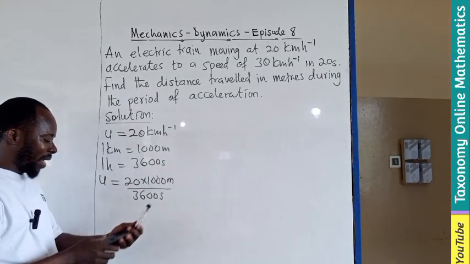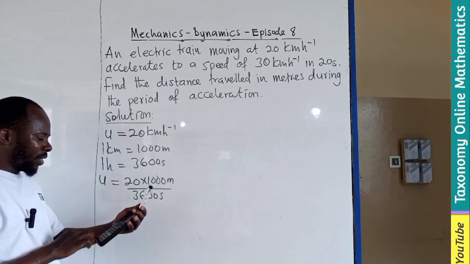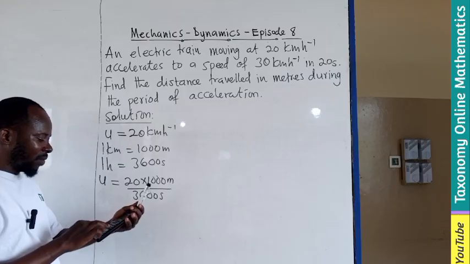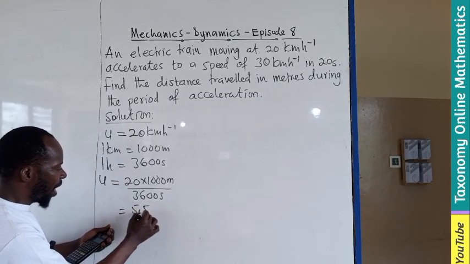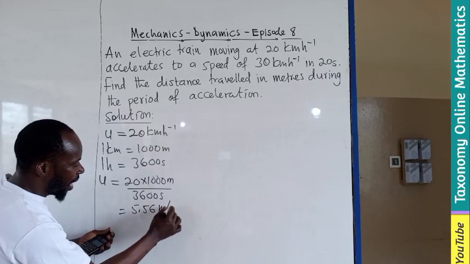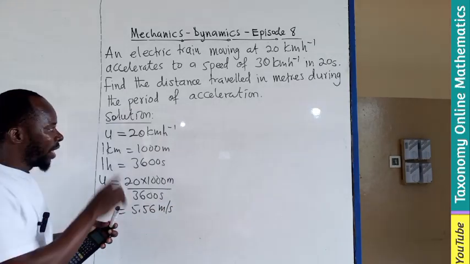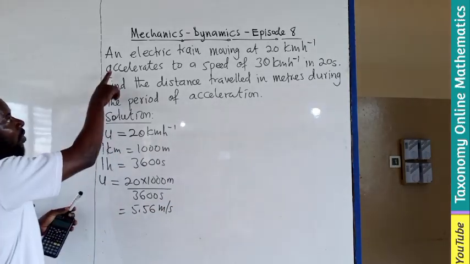If I put that on my calculator, that will be 20,000 divided by 3,600, and that gives us 5.56 meters per second. So our initial velocity is known.